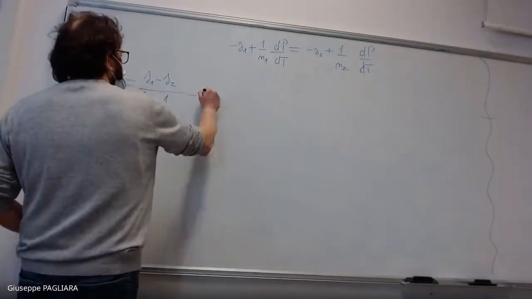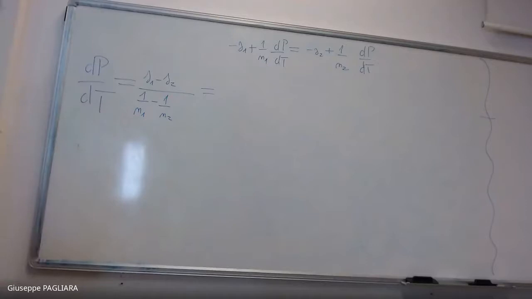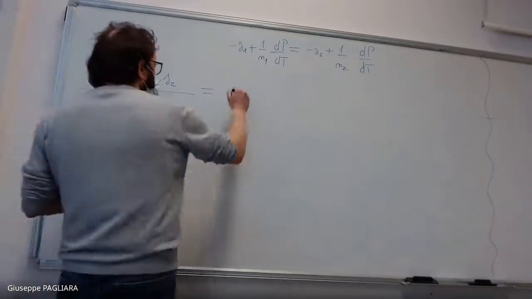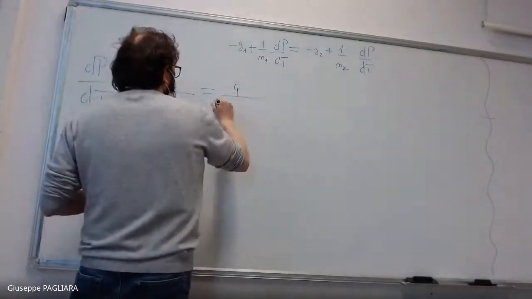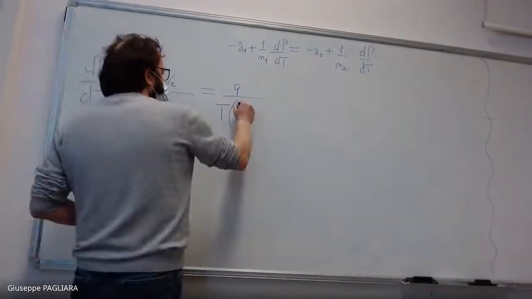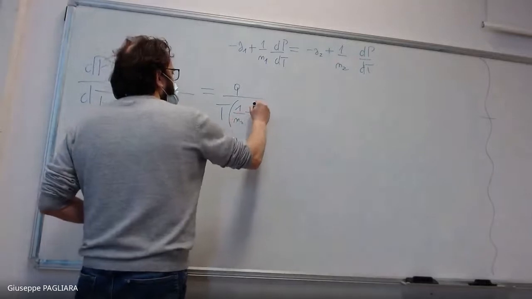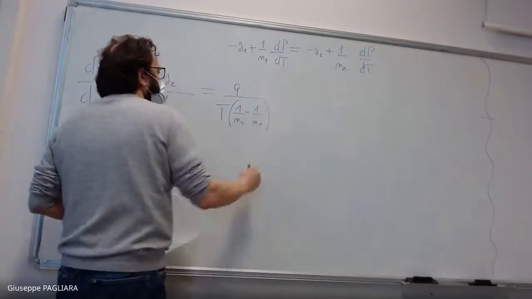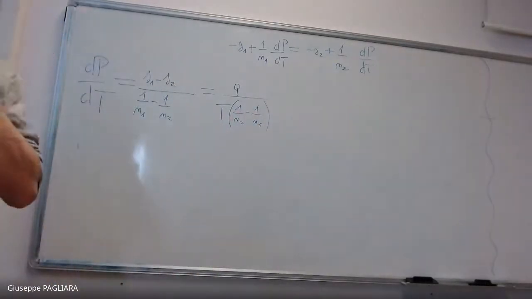Okay. Now this is also equal, when introducing the latent heat per particle, which was T times S2 minus S1. This should be equal to Q divided by temperature, and here we should have a minus sign, considering the minus sign. Okay.